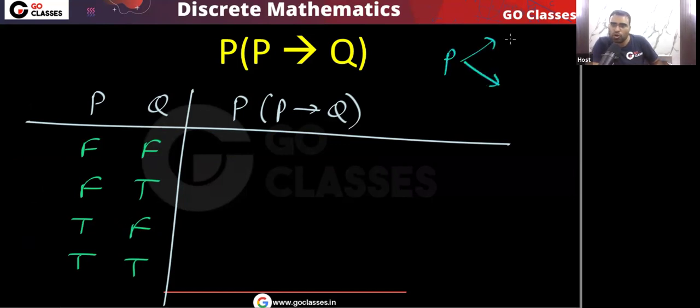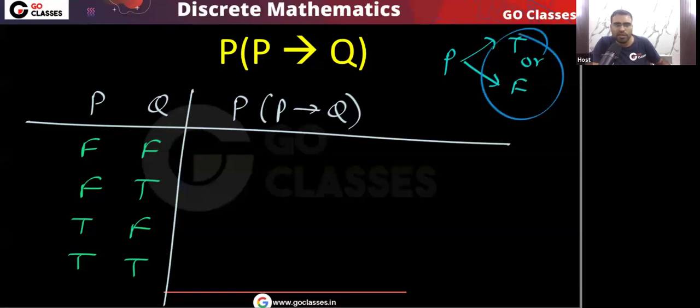Either P is true or P is false. The truth value of P is one of them. Similarly, the truth value of Q is one of them. So 4 truth value combinations are possible. Now tell me, what is the truth table of P and P implies Q? For every truth value combination of P, Q, what is the truth value of this expression?